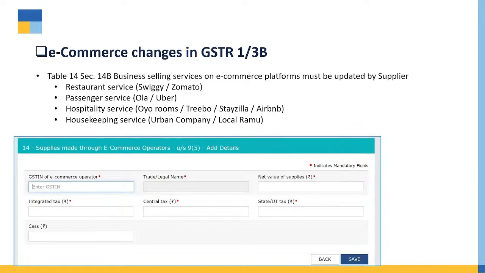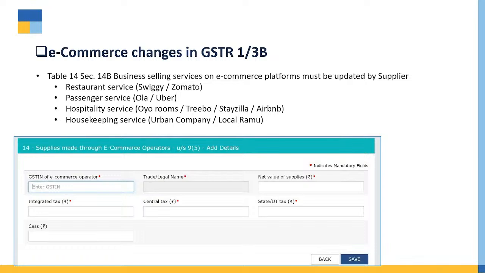To give a summary, as it is not a GST transaction done by the supplier, it is suggested they log into the Swiggy, Zomato e-commerce platform and fetch these table values here. This is supplies made through e-commerce operators. When they log into Swiggy or Zomato, the complete service transactions done by the supplier can be summarized there.